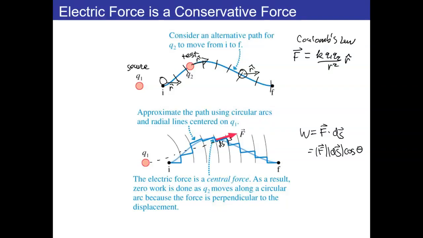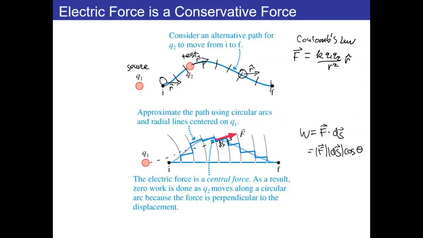And here's the thing. I can now shift down these radial segments to the line which directly connects point I to point F, as shown here. Now, if I calculate the work along this path, these are all radially directed. They're all along the line between Q1 and my particle.